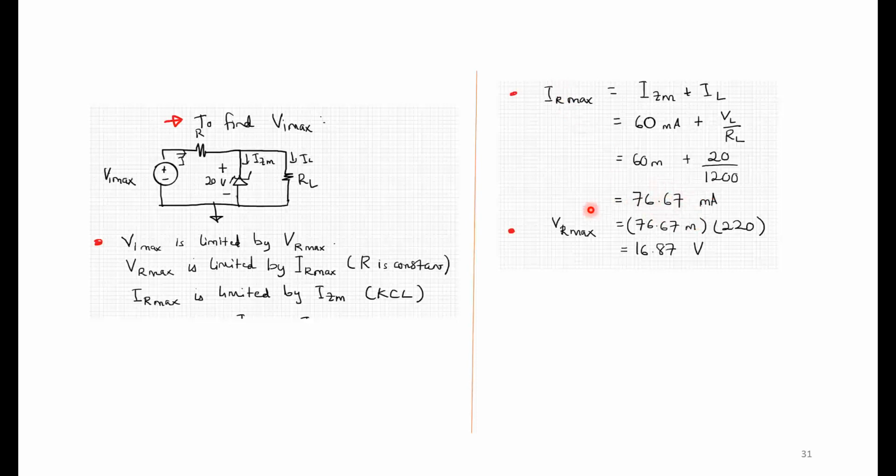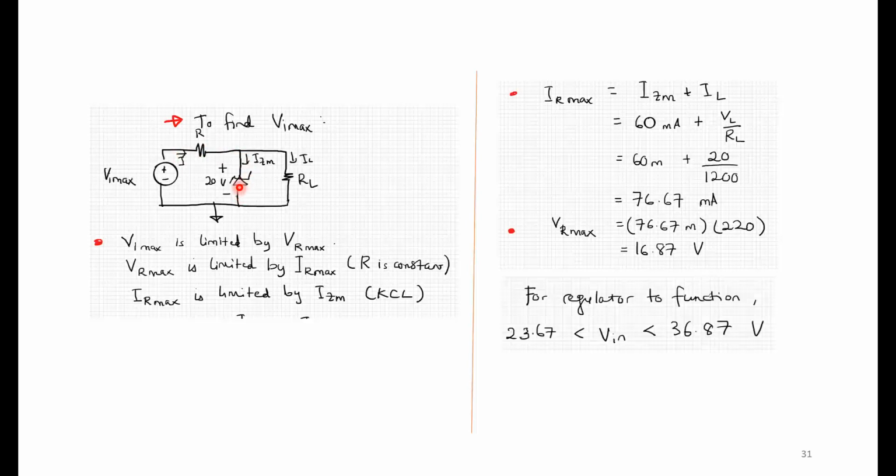So to find VR max, okay, the maximum value of VR is 76.67 milliamps times resistance 220 using Ohm's law, so you get 16.87 volts. So that is the maximum voltage drop that R can take, okay, not because of R, but because if it takes any more than that, it would be causing too much current to flow across the Zener diode.